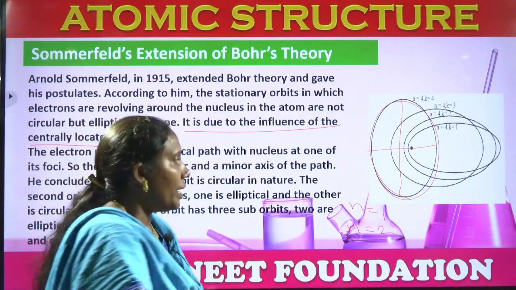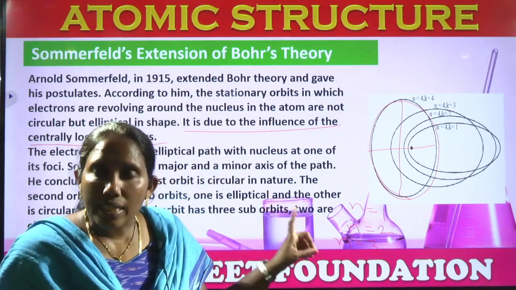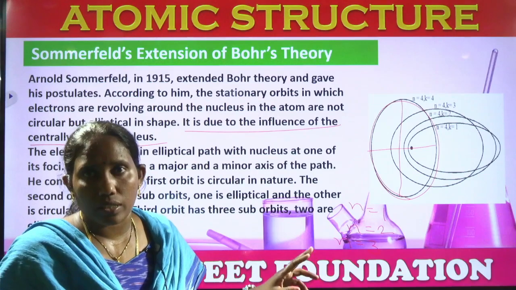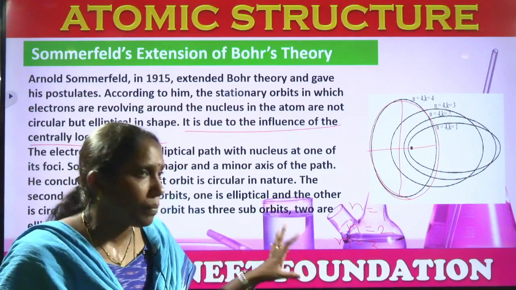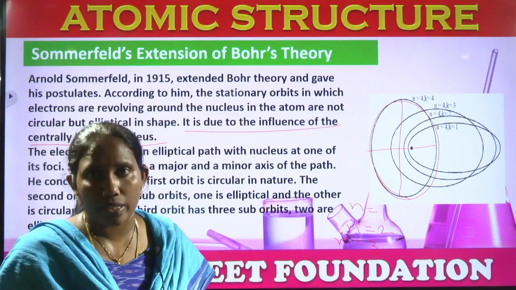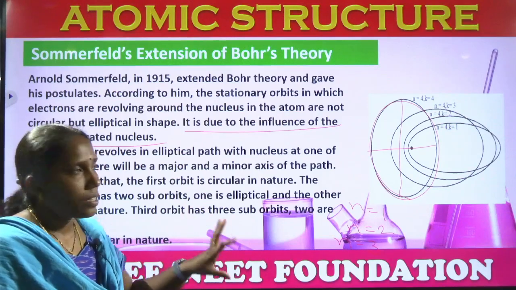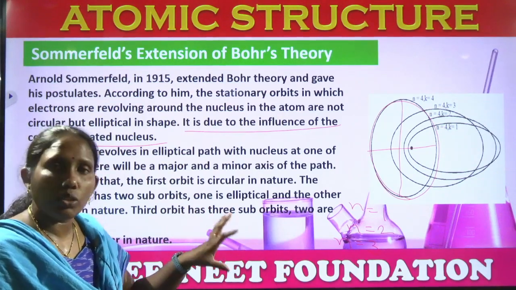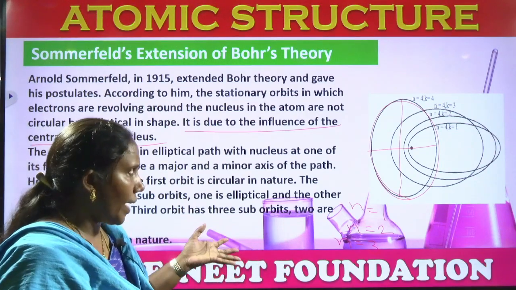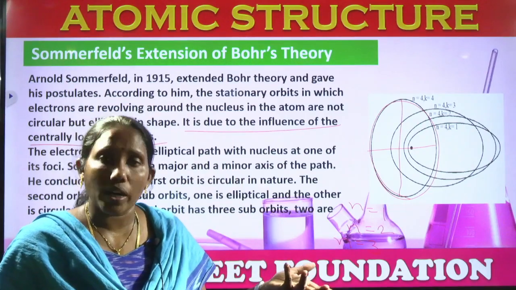When n equal to 3, one is a circular orbit and the remaining 2 are elliptical orbits. Those elliptical orbits and their number we consider as orbitals, which we will study in further topics. So not all paths are circular; there will be elliptical paths, called orbitals, as given by Sommerfeld. The continuation of this we will study while discussing the quantum numbers.